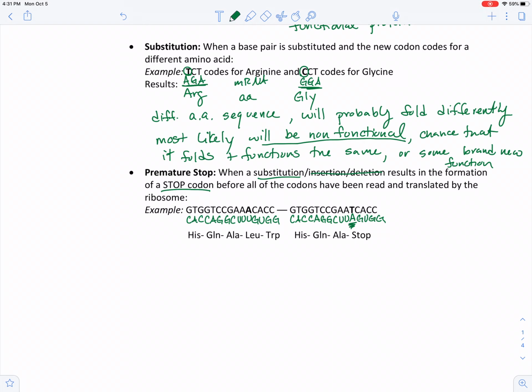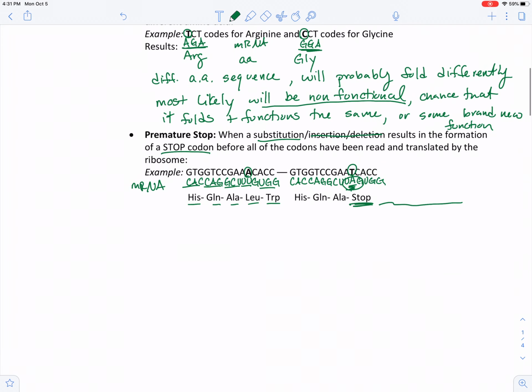So if you get a mutation, let's say here's the mutation, right? And it's supposed to code for this mRNA strand, right? Which then codes for this sequence of amino acids, but instead, at this position right here, instead of coding for leucine, you code for stop. Then it stops reading everything that would have come afterwards. And so in this case, again, you're going to get a different amino acid sequence.